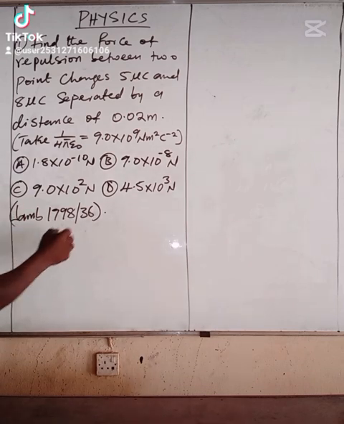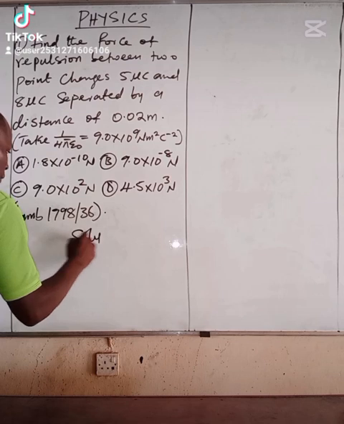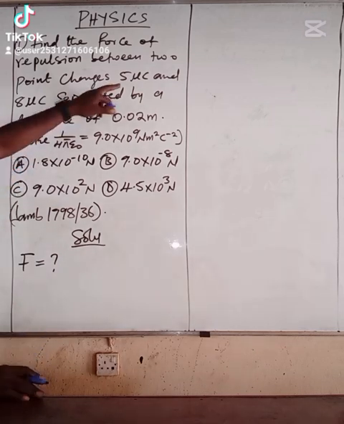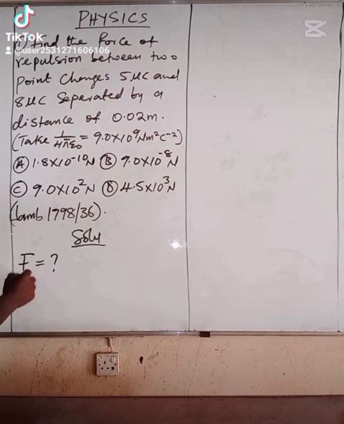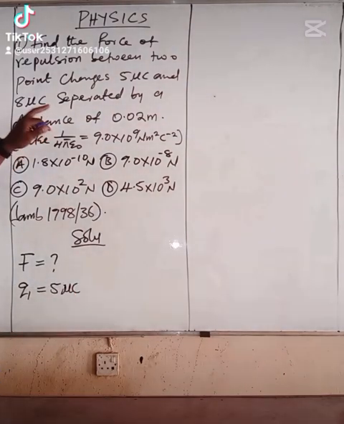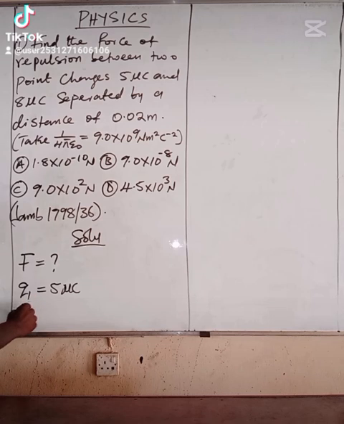Okay, so first and foremost, I'm going to bring out the parameters given to us in this question. Find force of repulsion. So we are looking for force between 2-point charges. The two charges, their values are 5 microcoulomb and 8 microcoulomb. So we have Q1 equal to 5 microcoulomb, and Q2 equal to 8 microcoulomb. What else is given to us?